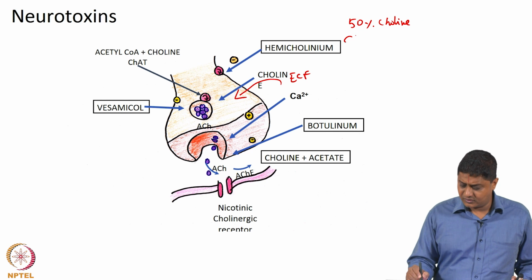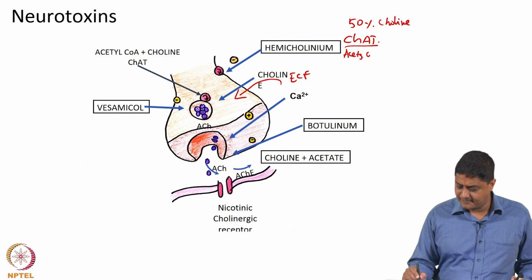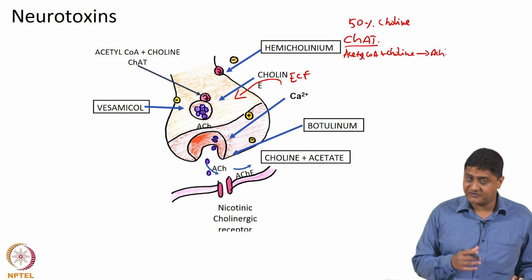Choline acetyltransferase basically combines acetyl coenzyme A and choline to produce acetylcholine. This is what we have seen.